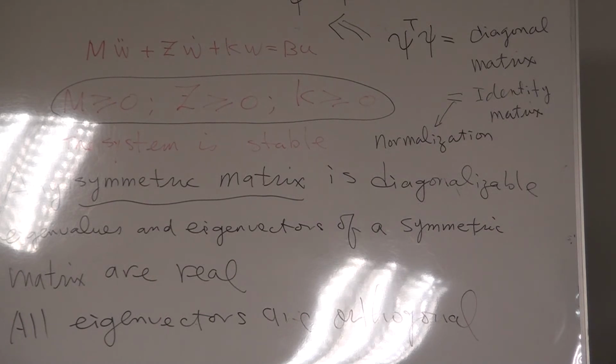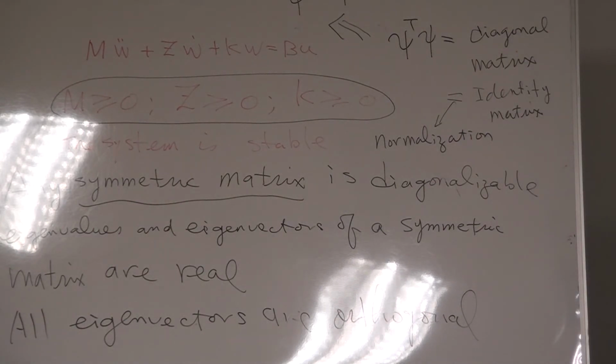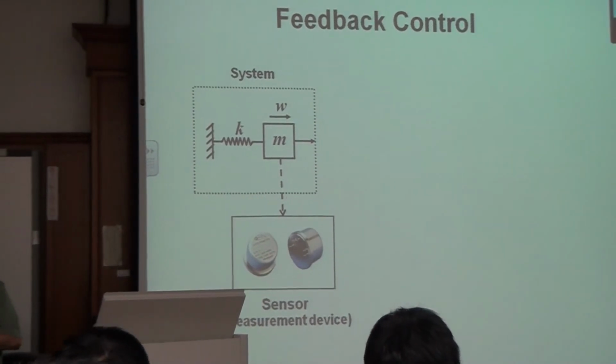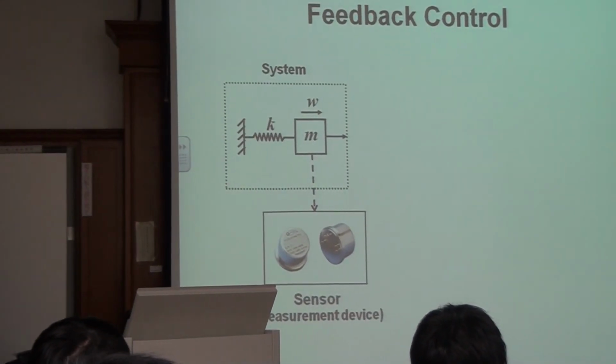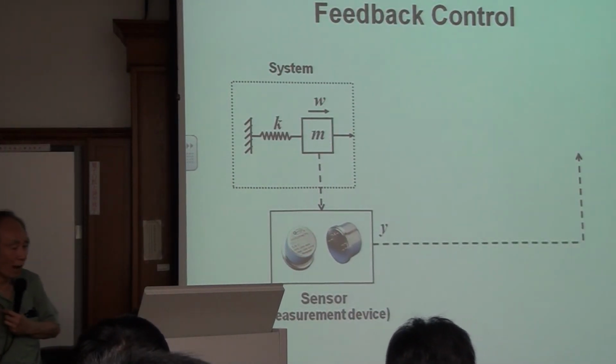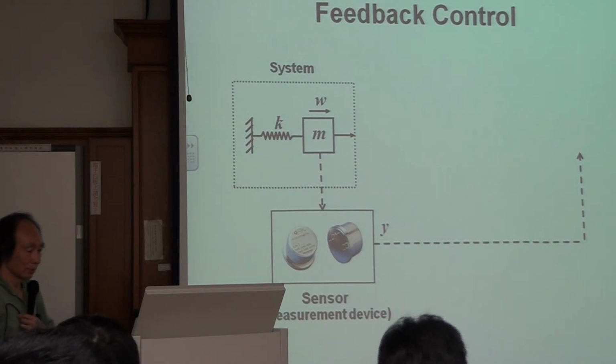All right, now let's go to our feedback control. What do we mean by feedback control? Assume we have a sensor, a measurement device, that measures W. That measures Y. The sensor gives Y. And what does this sensor give you?